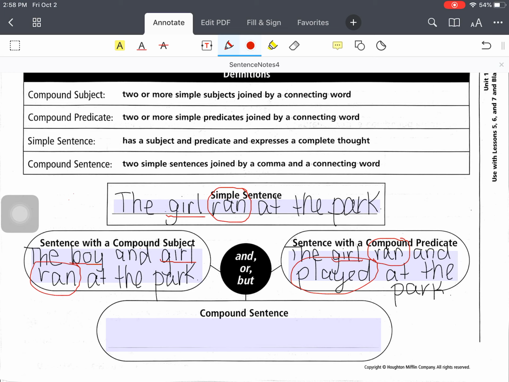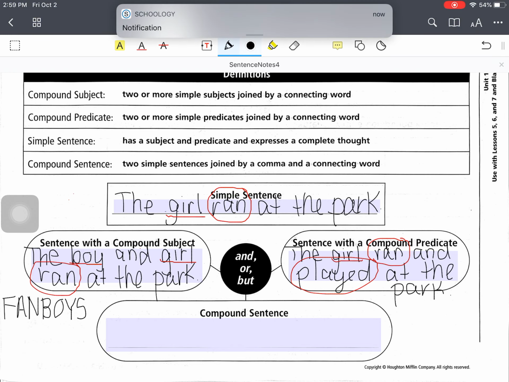And then when we get to compound sentences, this is where I want to talk about conjunctions. So over to the side, please use your markup tool and write fanboys. Because fanboys are going to stand for all of the conjunctions. So each letter of fanboys stands for a different conjunction.